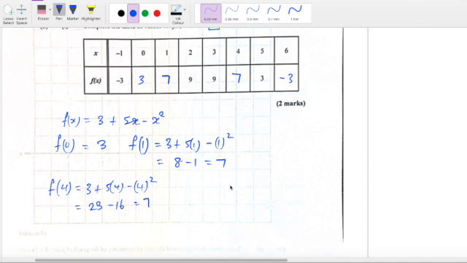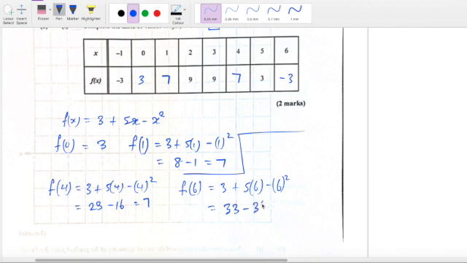And guessing here that f of 6 is going to be 3 plus 5 times 6 minus 6 squared. 6 5s are 30, so that'll be 33, minus 6 6s are 36, which is indeed minus 3.